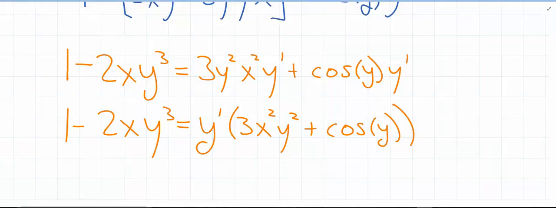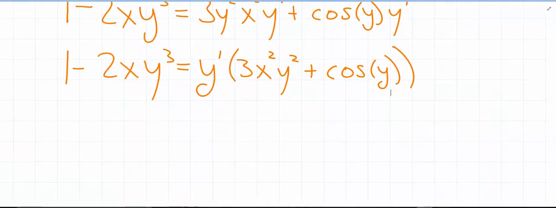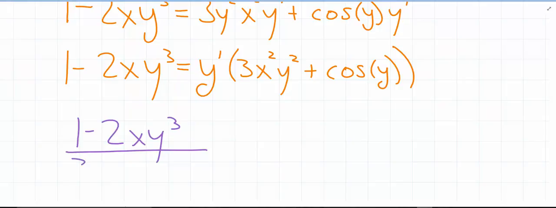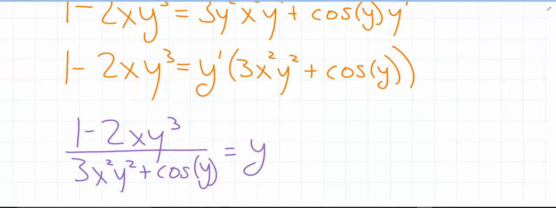All I'm trying to do is say the derivative equals something. Well, here I am. I'm ready to go now because I can say 1 minus 2xy cubed over this thing. Look at that beauty. There we have it. There's your derivative. Implicit differentiation. That's what that is.